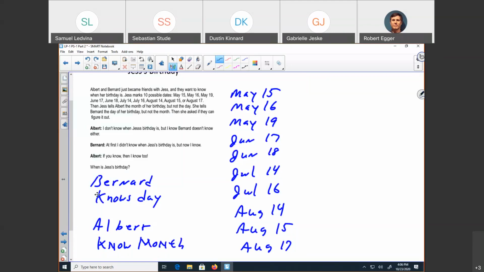Which means at this minimal number of information, the only way Bernard would know the answer is if he's given a date that is one of a kind in the months. If Bernard was given the date 15, that means it could be either May or August.